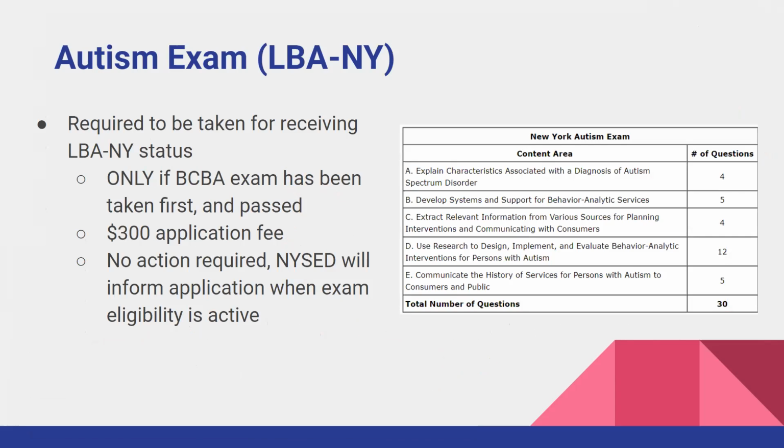You can do the reverse, in which you take the LBA exam and then apply for BCBA certification, but I don't recommend that, because it will take a very, very long time, and that will become prevalent towards the end of this lecture. This is just a recommendation that I believe 99% of students follow anyway: take the BCBA exam first.